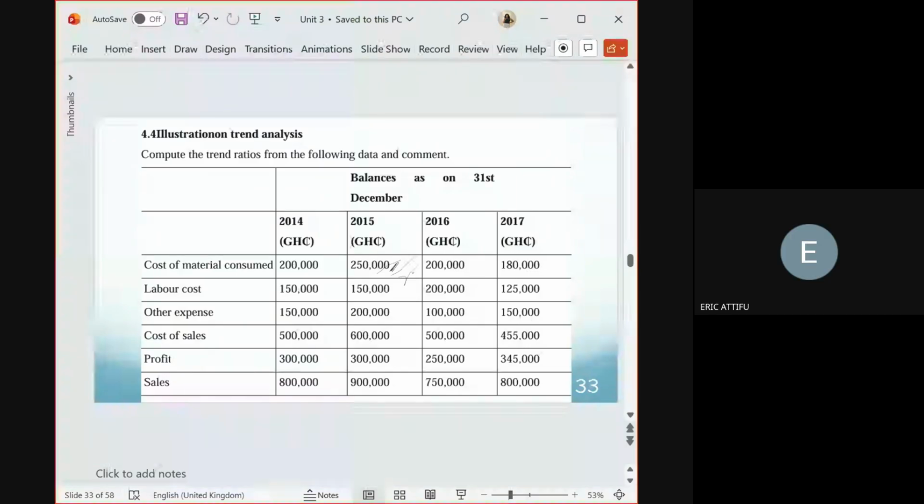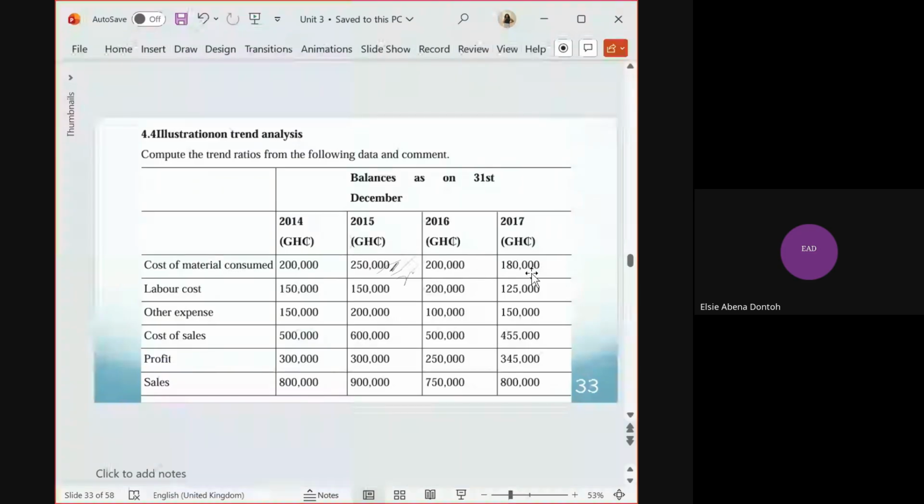The answer will be 1.25. Okay, Eric, thank you. And for 2016, it will be 200,000 divided by 200,000 times 100, which is 100%.